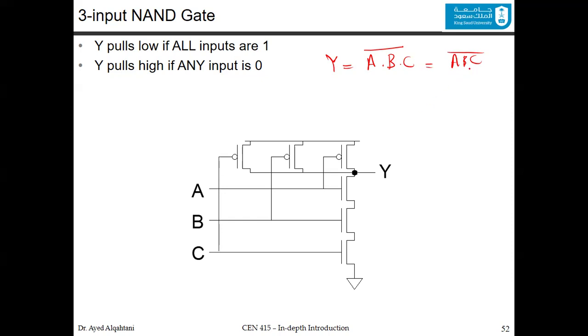Because you have an all bar on top of the function, you take whatever is under the bar and design it in series because you have AND. They will be in series on the pull-down network. And you have the counterpart in the PMOS network in parallel because you apply the duality.